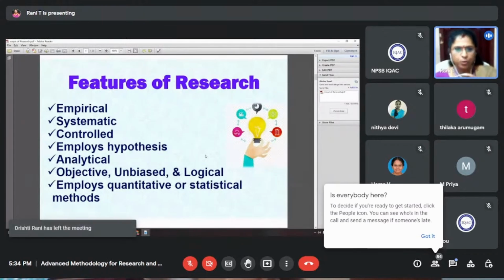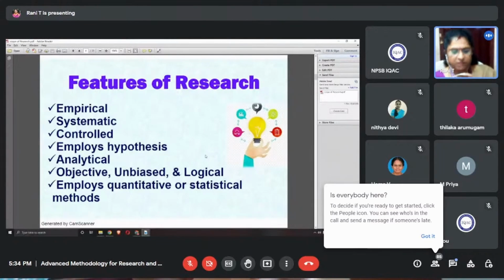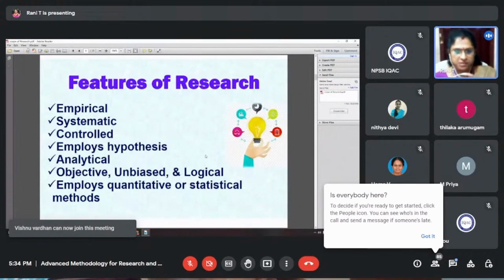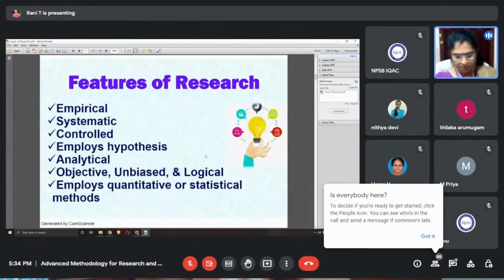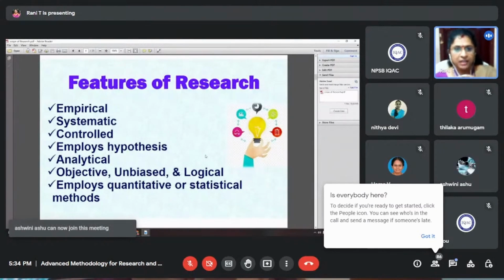And when we talk about the controlled feature inside the research, we will know about what the variables are. The term itself says that variables means it varies. We will see in detail what variables are. The dependent and independent variables, and which one has to be controlled, is what we will come across inside the features of research.